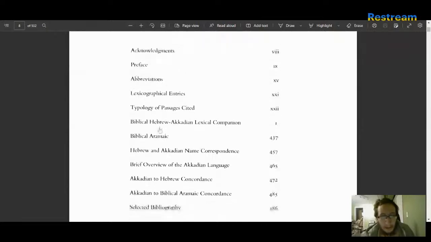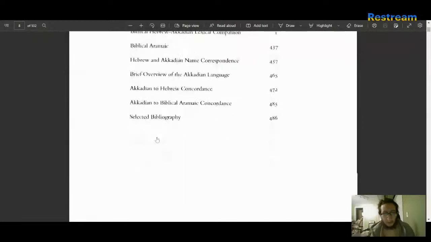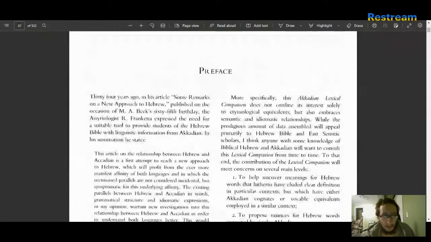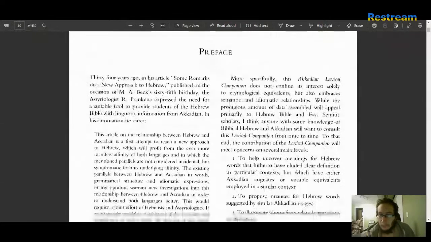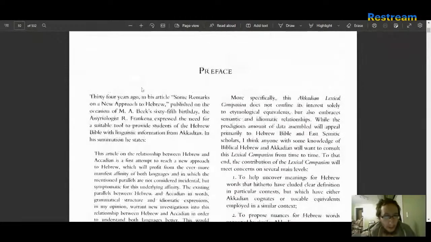Then it gives the actual Hebrew Akkadian companion, and then there's an appendix of different things. So we're going to skip acknowledgements. Let's take a look at the preface here.